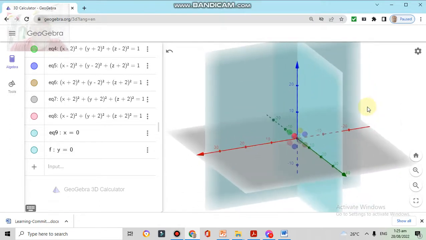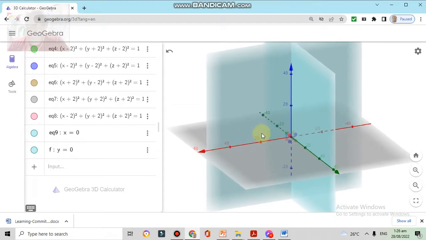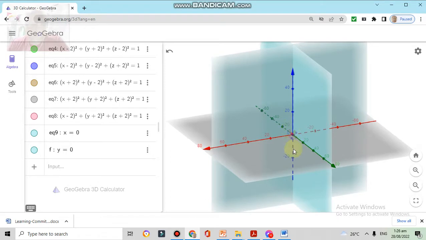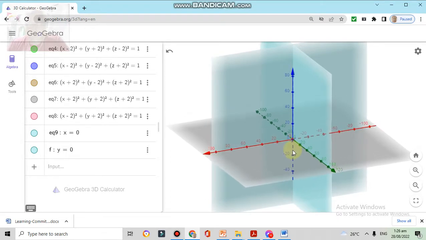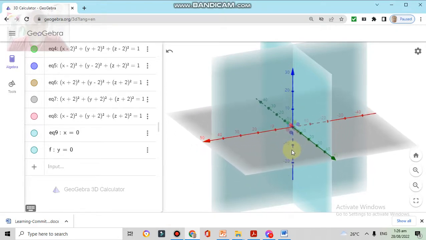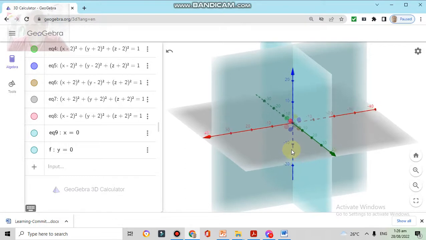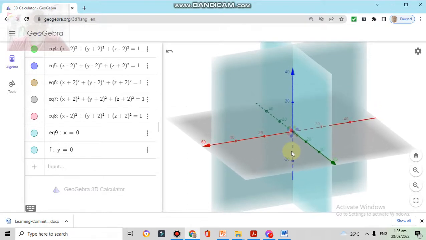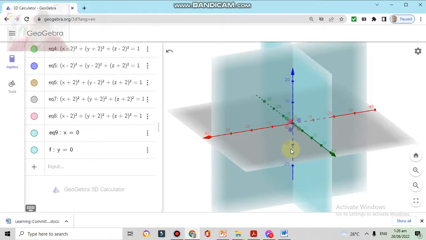Each octant is 1/8 of the total space, and each octant can be represented by an imaginary cube whose volume can be increased to infinity or decreased.